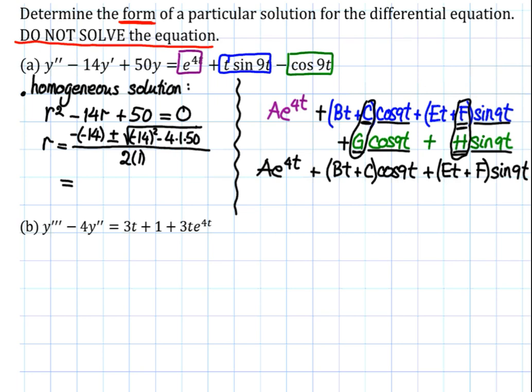If we do that, we should have 14 plus or minus, 14 squared is 196 minus 200. So it'll be the square root of minus 4 over 2.